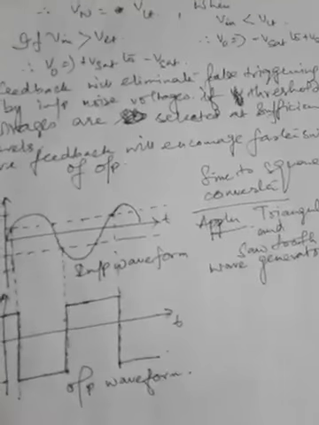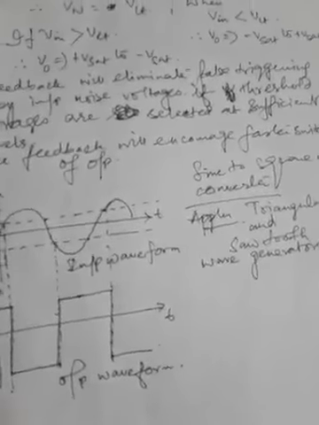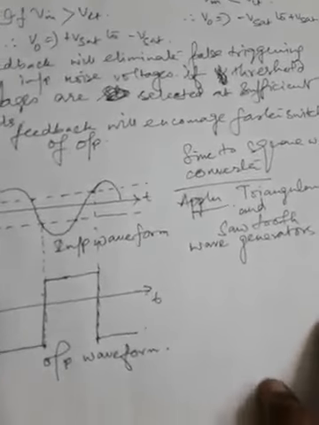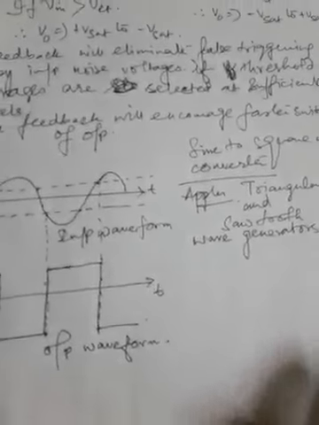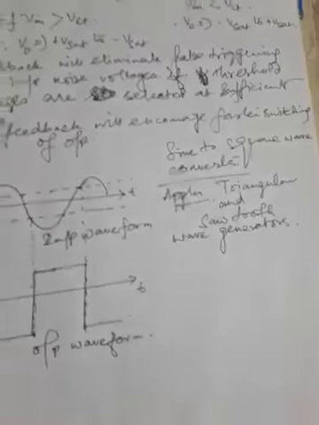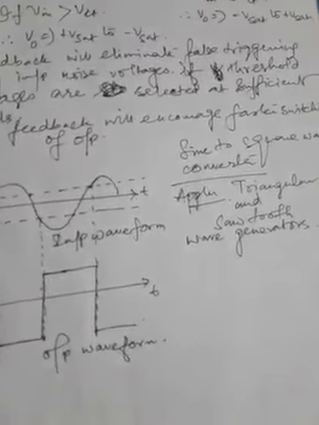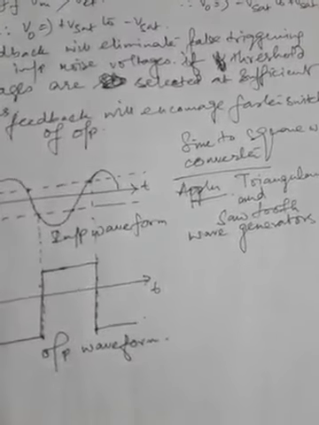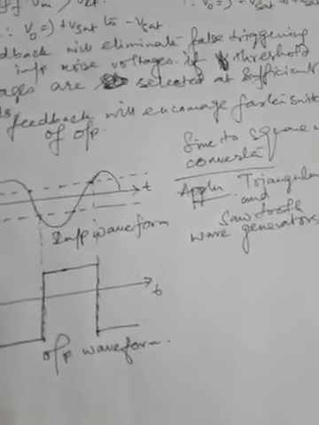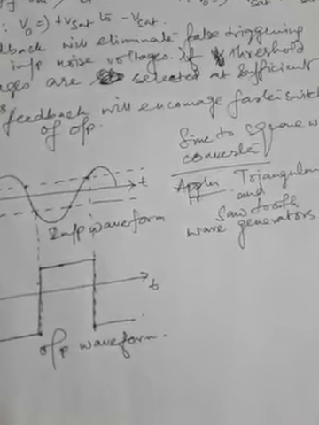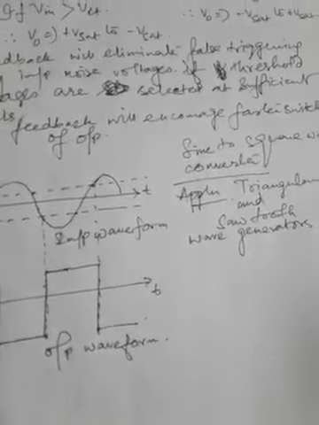As we have seen here, it is an inverting comparator. So if we use the Schmitt trigger as a non-inverting comparator, we can also generate triangular and sawtooth waveforms. When the input is a triangular wave, the output is a square wave. When the input is a sawtooth wave, the output is a pulse waveform.